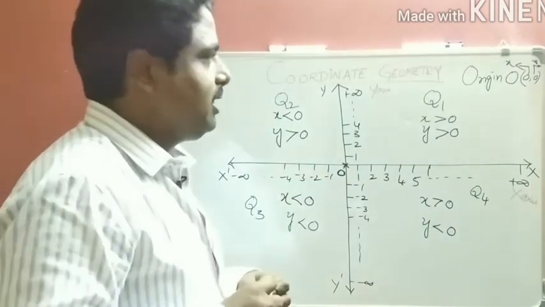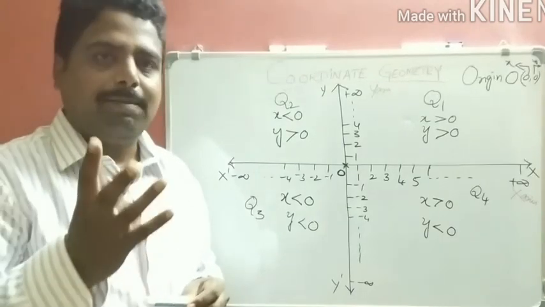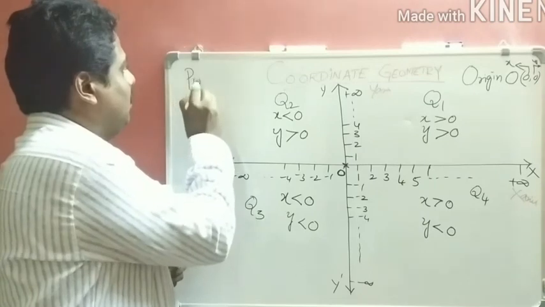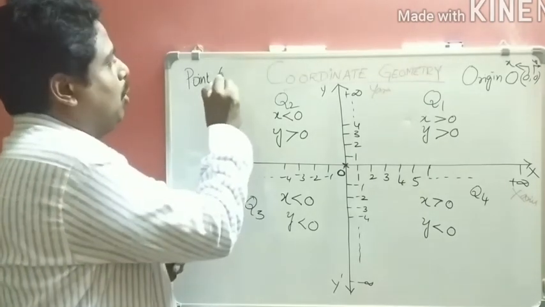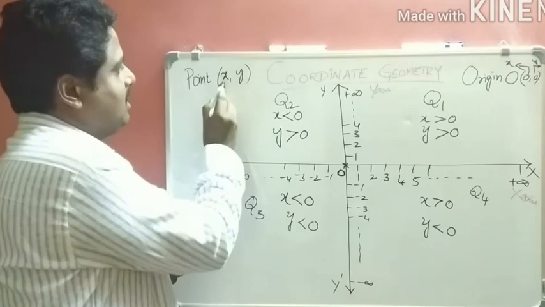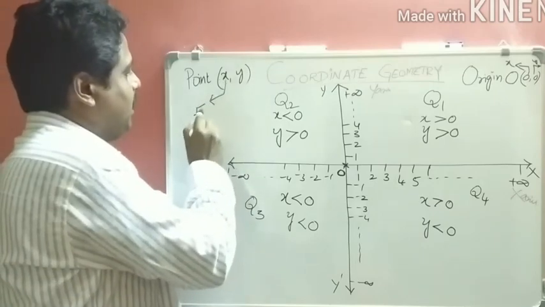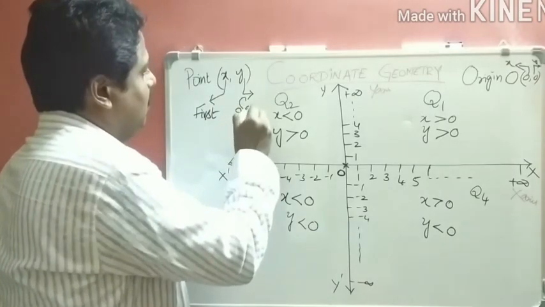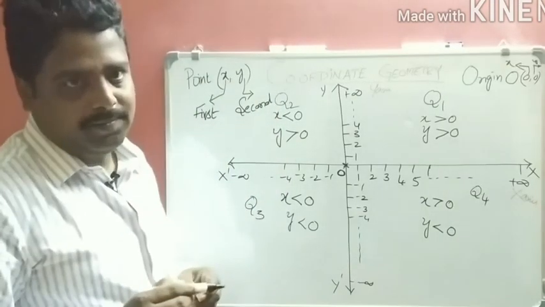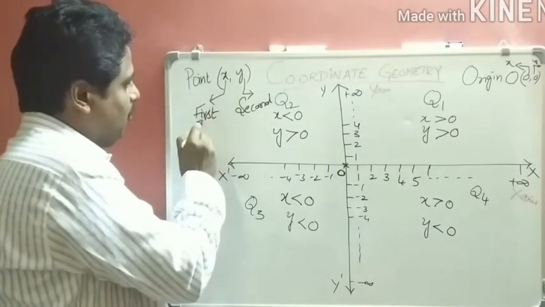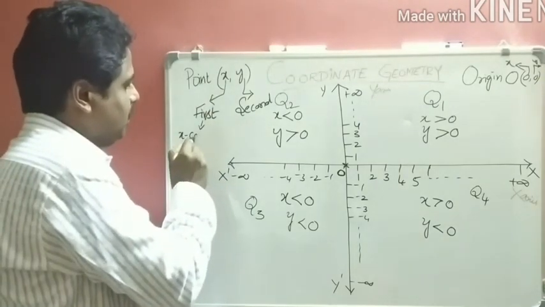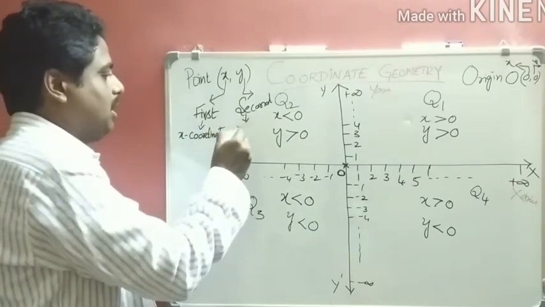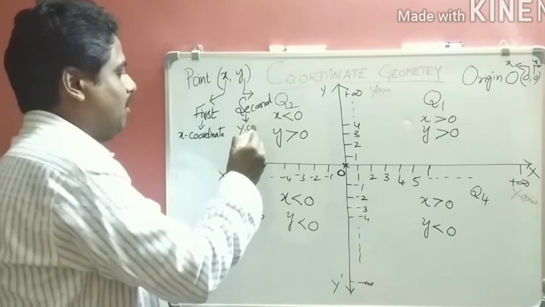With the help of this Cartesian plane, we conclude that a point is denoted by two coordinates, (x, y), where x is called the first coordinate and y is called the second coordinate. The first coordinate has another name, the x coordinate, and the second coordinate has another name, the y coordinate.